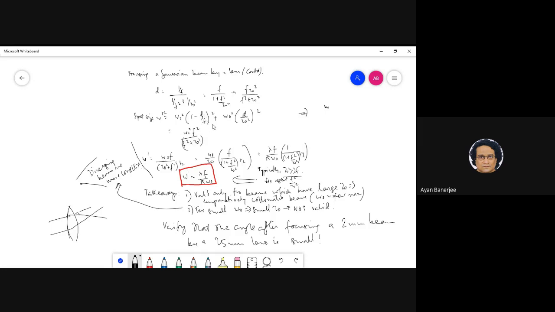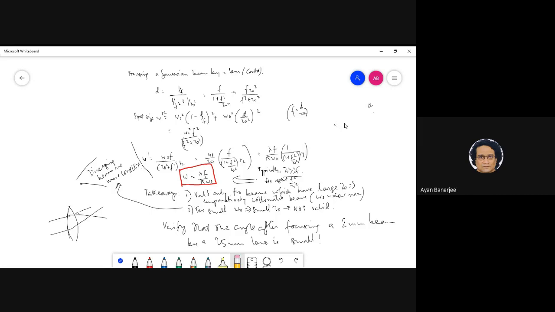If I put f equal to d, we get w0 square plus w0 square f by pi w0 square by lambda, right? You get w0 square plus, oh no, this is 0. Oh, this is 0.